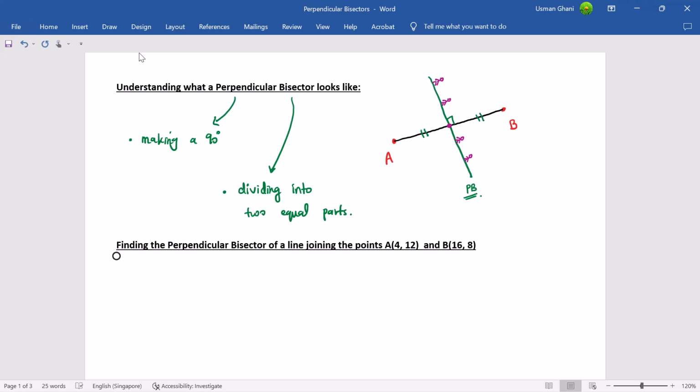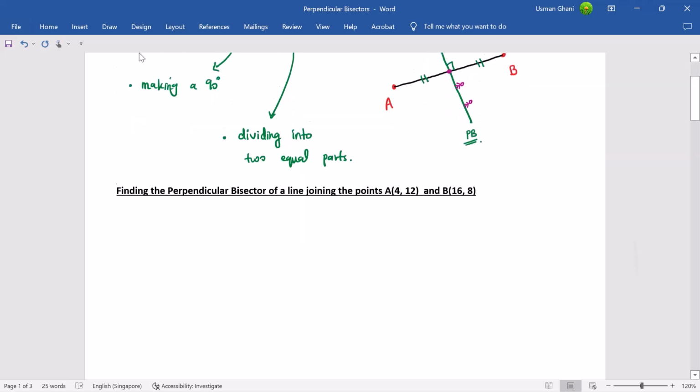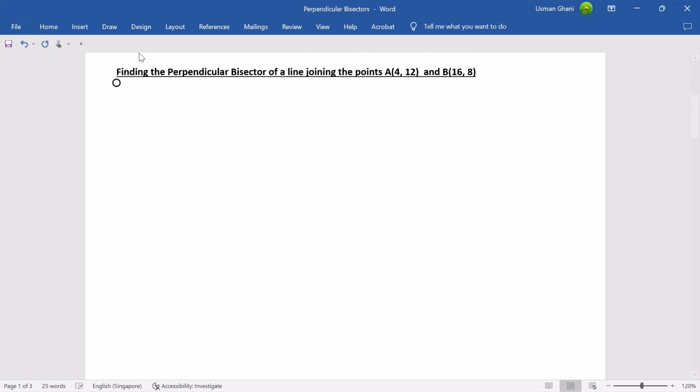So I don't have any point that lies on my perpendicular bisector, so I can't find the gradient of it through any formula. But I know the points through which my original line, the black line in this case, passes. So points A and B are representing the points on the black line, and I can find the gradient of the black line over here. So let's try to find that.